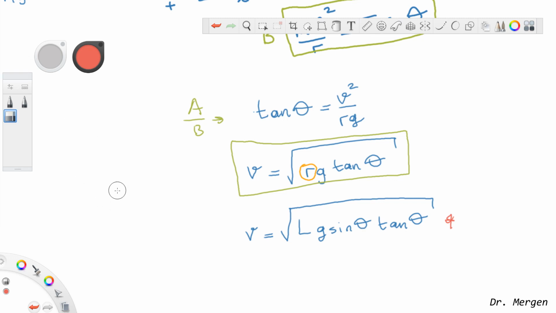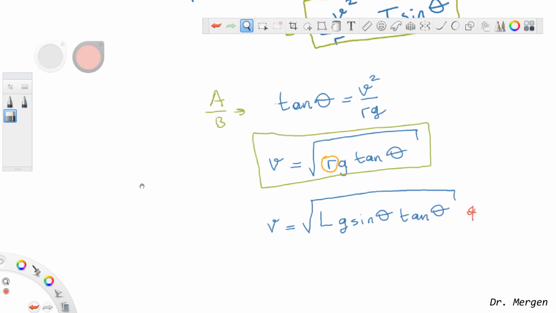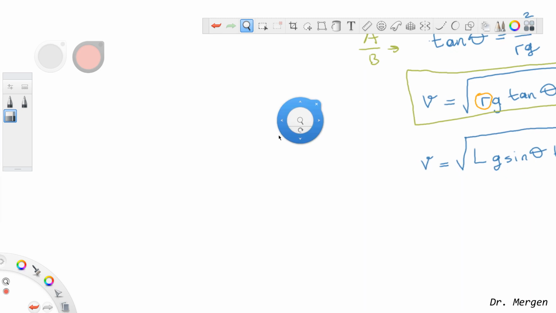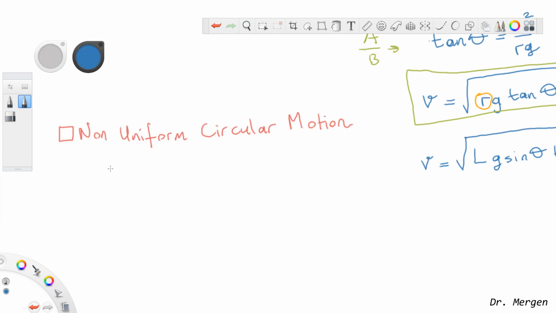Okay, now let's see what happens if the velocity of the object is not constant. If the velocity of the particle is varying, there is also a tangential component of the acceleration. Therefore, the total acceleration can be expressed by the sum of the radial and the tangential acceleration components.